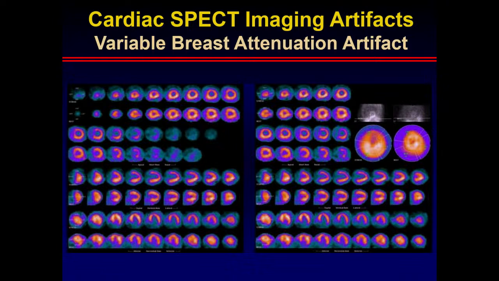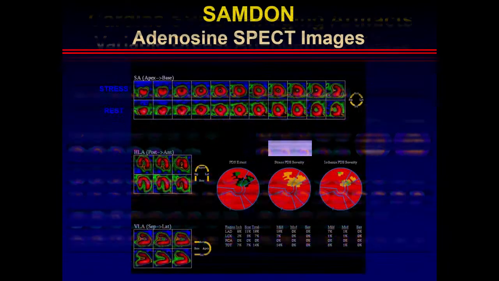One of the ways in which we get around breast attenuation now is obviously using CT correction. A lot of the systems nowadays, including our own, have CT corrected images which allow us to take this into consideration. Another thing you can do is prone imaging, and we routinely do prone imaging on our patients where we don't have CT imaging if the initial images are suspect for attenuation artifacts.